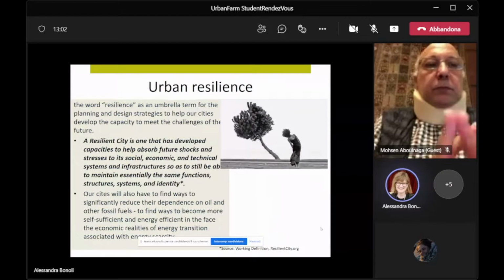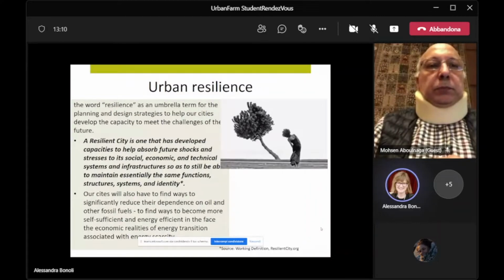The word resilience is typically understood to describe, for instance, a material's ability to spring back into its previous shape after being compressed.